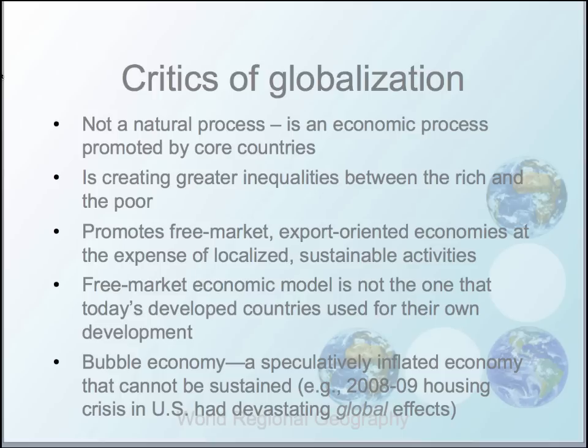Further critiques are that globalization promotes free market, export-oriented economies at the expense of localized sustainable activities. So what does this look like? This means that if we go to the Andes, where there is a lot of quinoa and asparagus being grown, instead of subsistence crops that could feed people who live right there, there are export-oriented crops that are being grown because quinoa has gone health crazy in the United States.